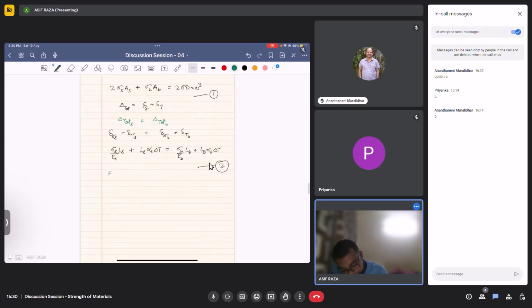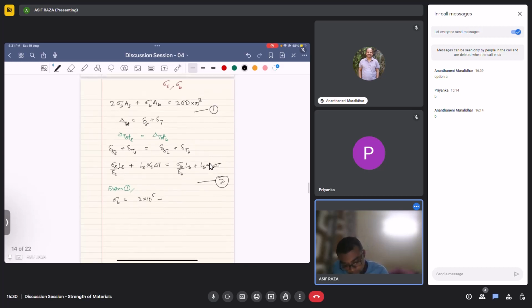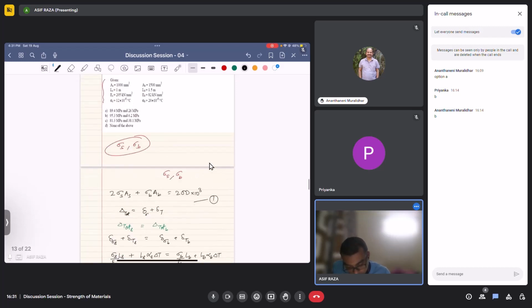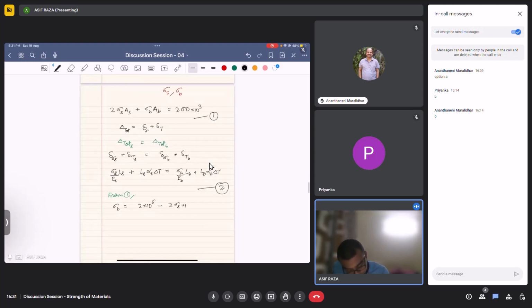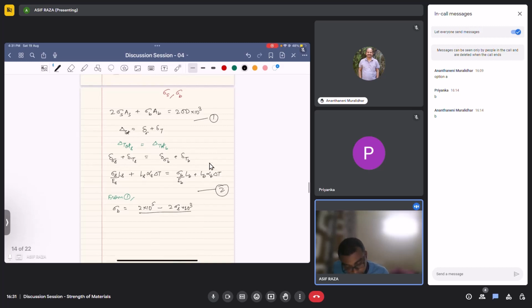So from equation 1, sigma b is equal to 2 into 10 to the power 5 minus 2 sigma s times As, which is 1000, so 10 to the power 3, upon Ab.